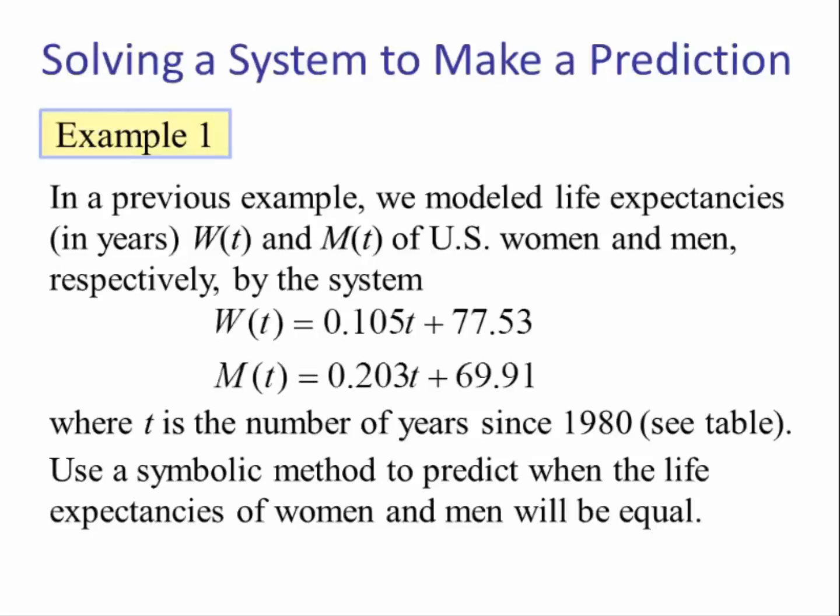We'll see the table on the next slide. Use a symbolic method to predict when the life expectancies of men and women will be equal. So we're going to take W of t and set it equal to M of t. So we're going to solve this system by substitution.